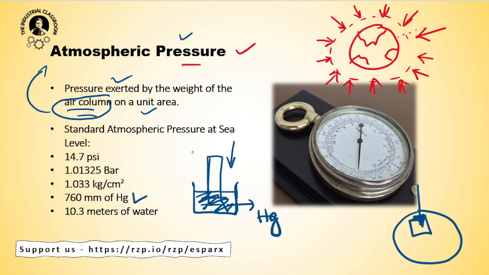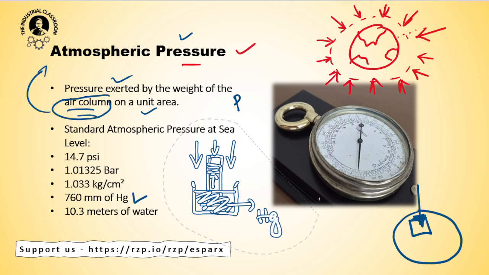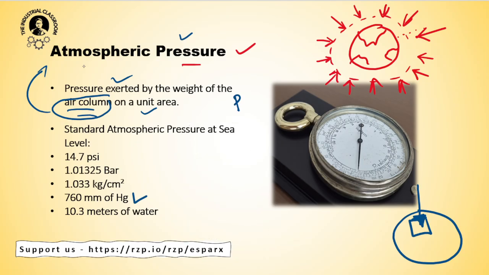When there is pressure, we can see a rise in the level of mercury inside this glass tube. When the pressure decreases, the rise will also decrease. When the pressure increases, the level of mercury will go much higher. So this is a simple demonstration of the fact that there is a pressure exerted by the atmosphere.